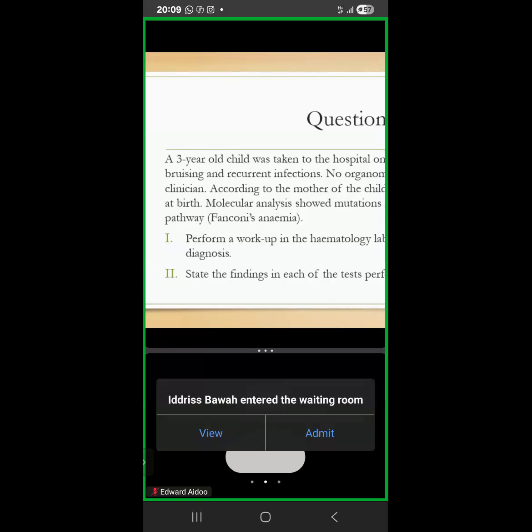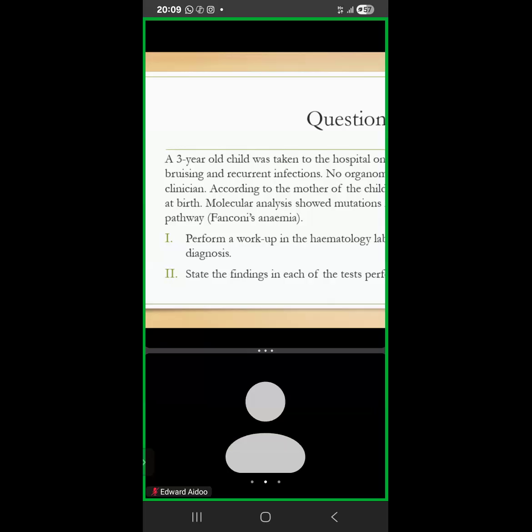We are looking at the next stage, peripheral blood smear. And because the peripheral blood smear is a validator of the full blood count analyzer, we will be seeing pancytopenia on peripheral blood smear.